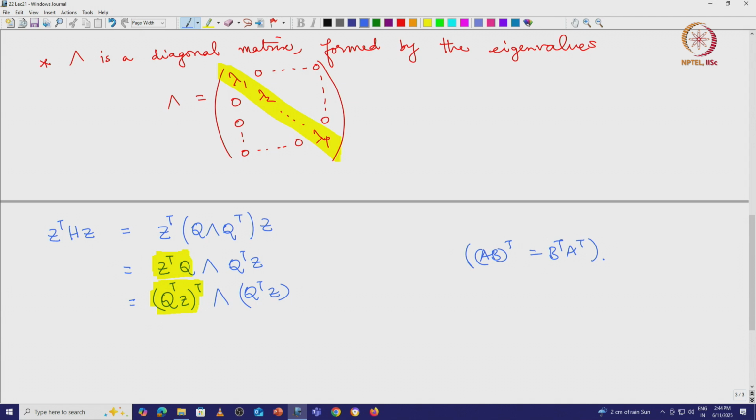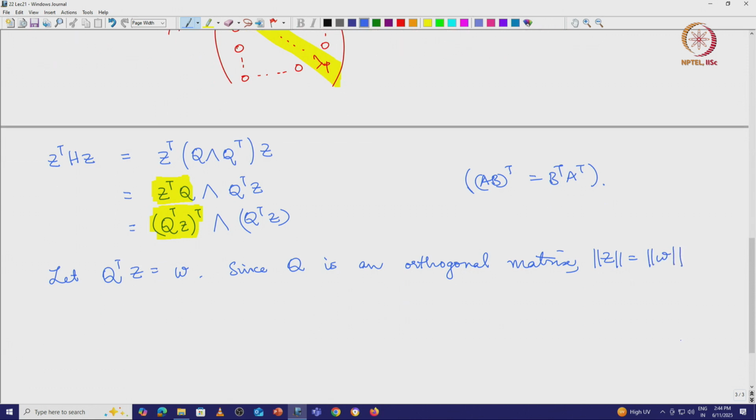Okay. So now if you let Q transpose Z be some W, since Q is an orthogonal matrix, the norm of Z and the norm of W will be the same.